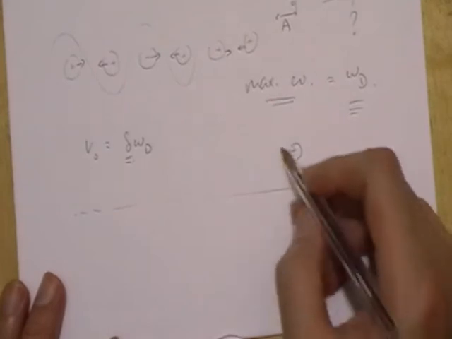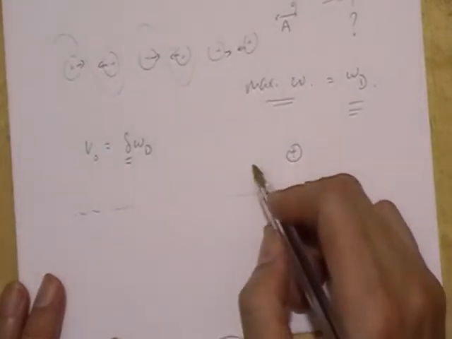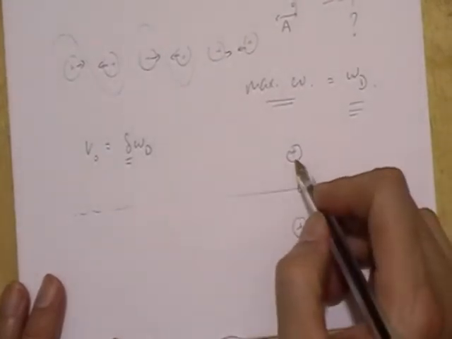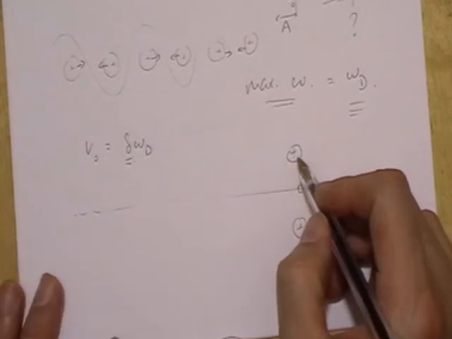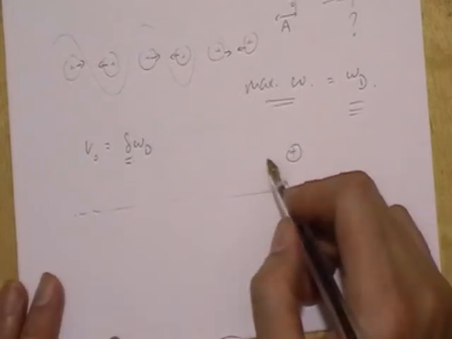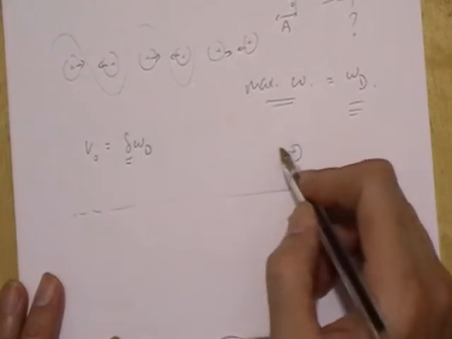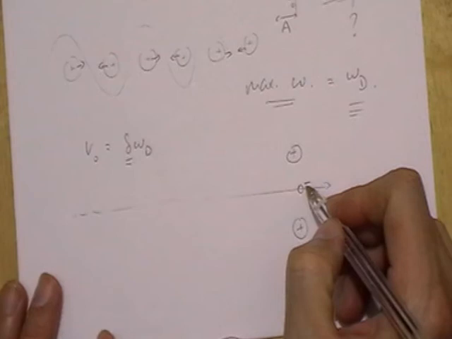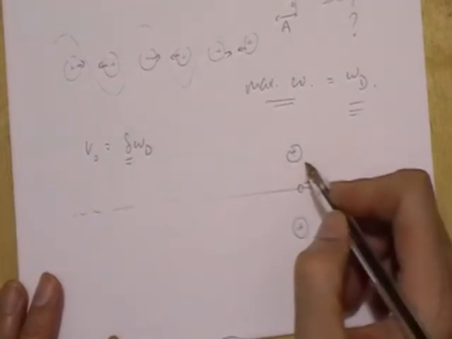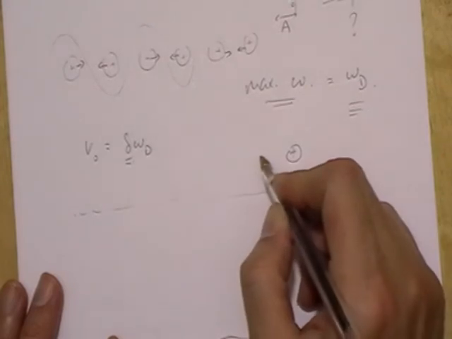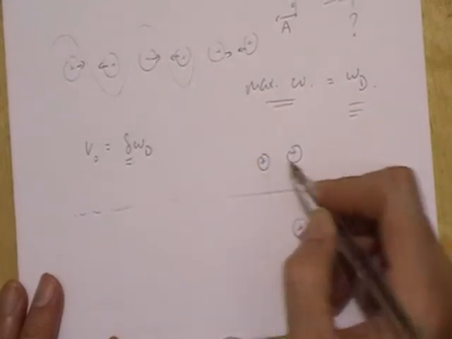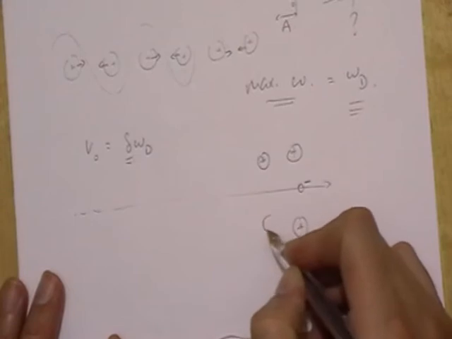Now for the ions which are not too far behind, let's say this ion, it would have experienced some force from the electron for a short time, so it would be displaced by small amounts.